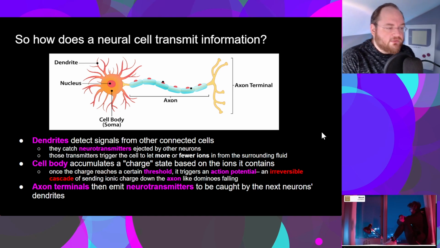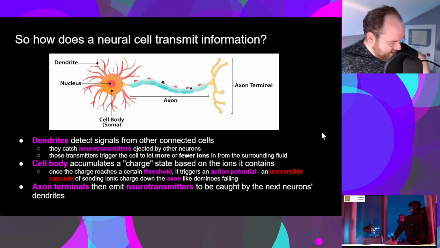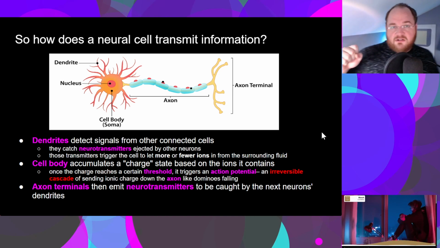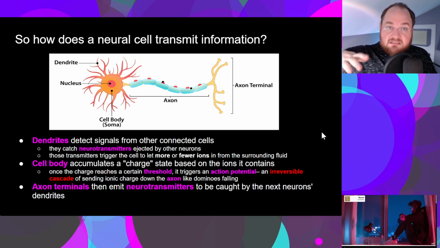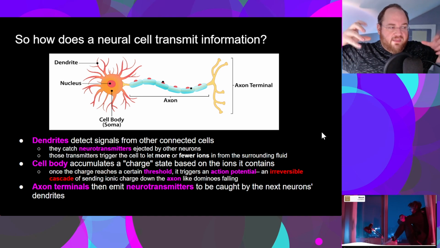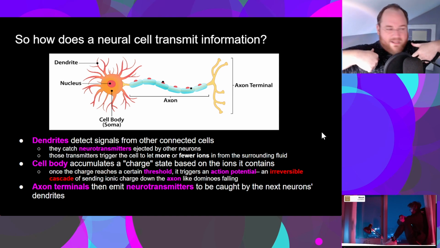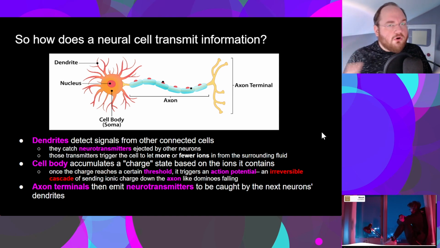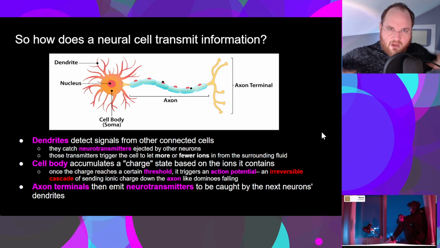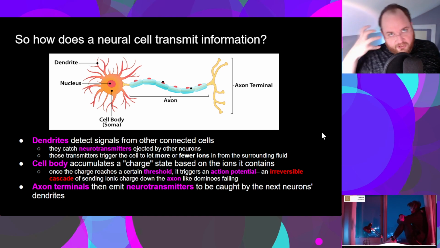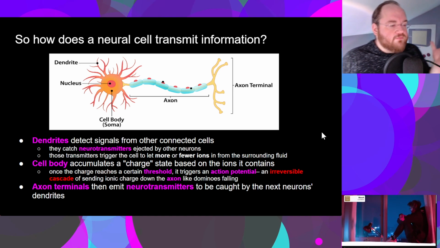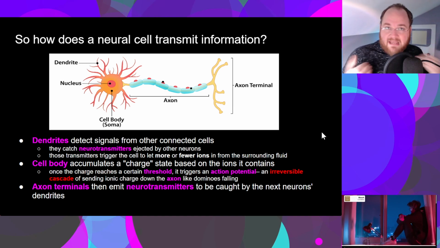Dendrites will detect signals from other cells. What they do is, neurotransmitters are ejected from other neurons, and this cell catches them. Those transmitters trigger this cell to let more or fewer ions from the surrounding fluid ecosystem of your nervous system, including inside your brain, come into the cell.